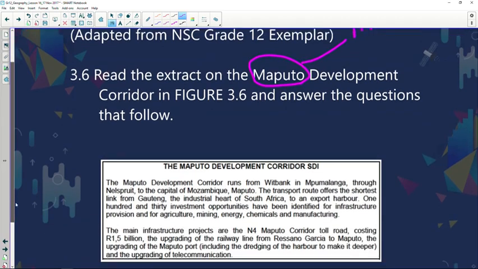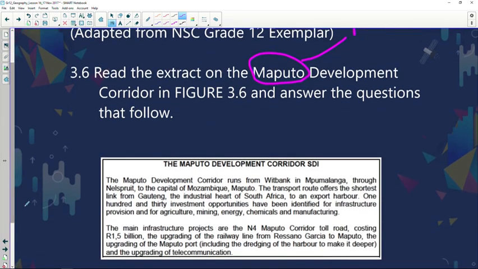Now, the Maputo Development Corridor, or SDI, runs from Witbank, Mpumalanga through to Nelspruit to the capital of Mozambique, Maputo. The transport route offers the shortest link from Gauteng, the industrial hub of South Africa.